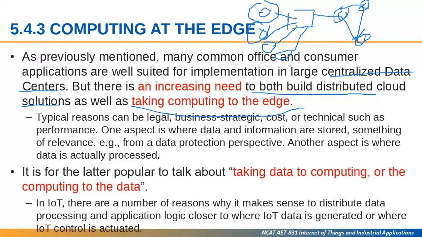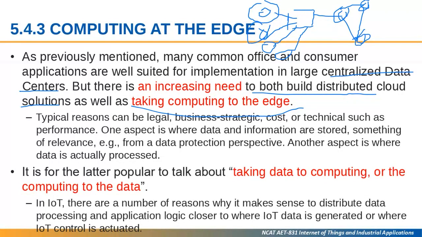They are just sitting there and don't make use of their capabilities. So people are thinking, in addition to letting the big data centers do the task, we may also distribute the task to some idle devices in the network. So there is an increasing need to take computing to the edge.